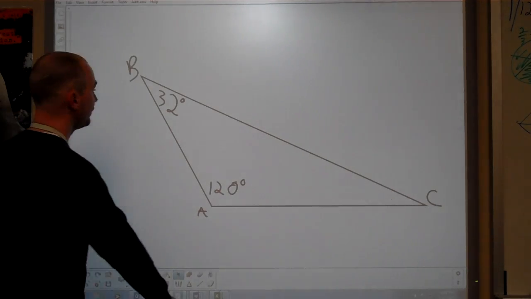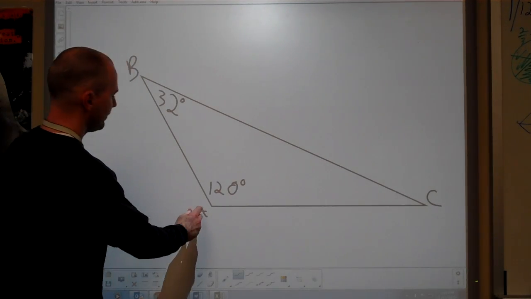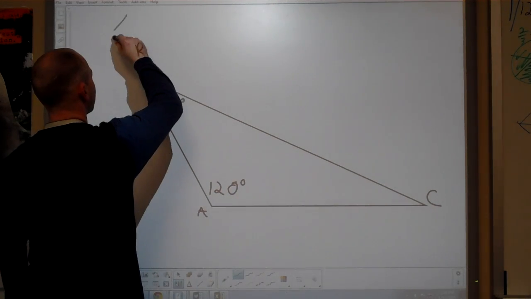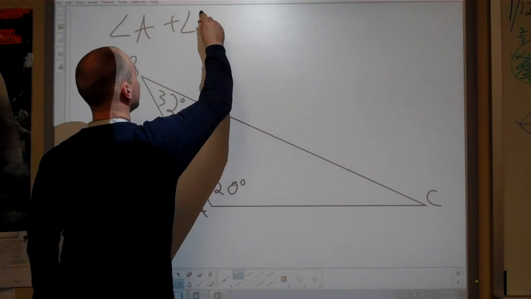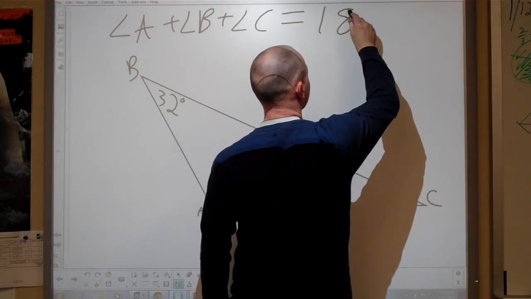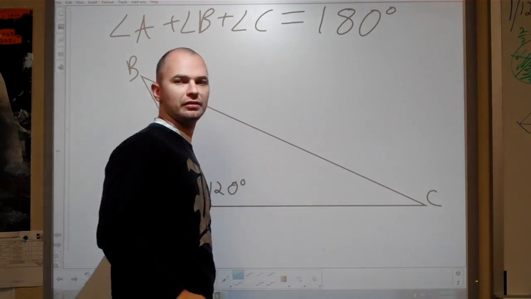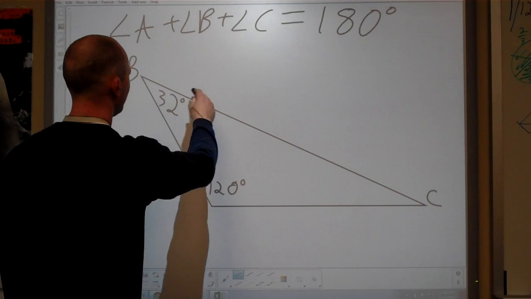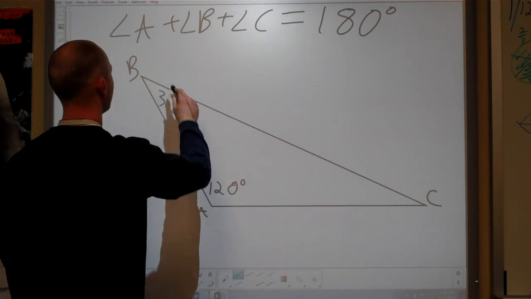Alright, let's do a few more. Here we've got angle A. So first off, we know for all triangles, angle A plus angle B plus angle C equals 180 degrees. Any triangle, they all add up to 180. So we have angle A is 120.